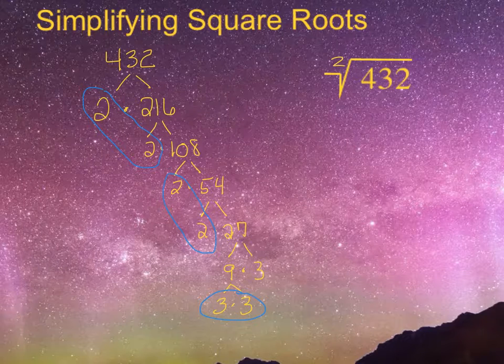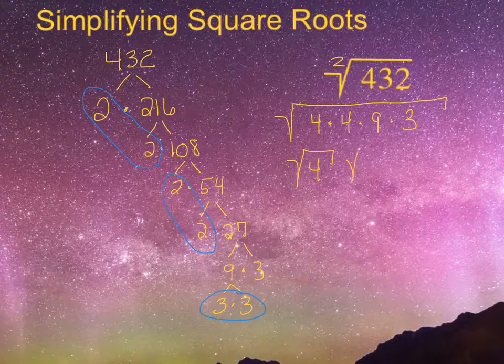So let's just rewrite our number here. We have the square root of, well, we've got 4 times 4 times 9 times 3. So this is the square root of 4 times the square root of 4 times the square root of 9 times the square root of 3. And we know here that we've got 2, 2, 3.